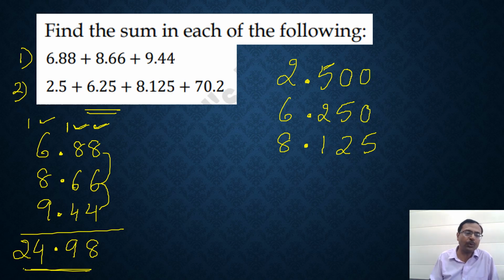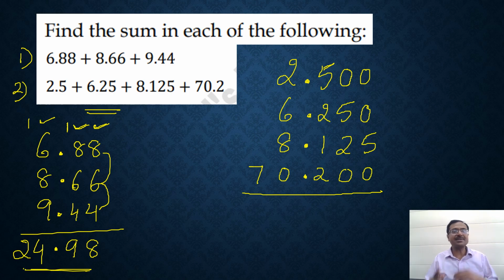After the decimal, you can put any number of zeros. And then 70.2, that's very important. Point comes below point, and then 70 will be written like this. So 70.2, and it can be suffixed by 2 zeros like this. So this is how you can write these numbers one below the other when you have to add them.